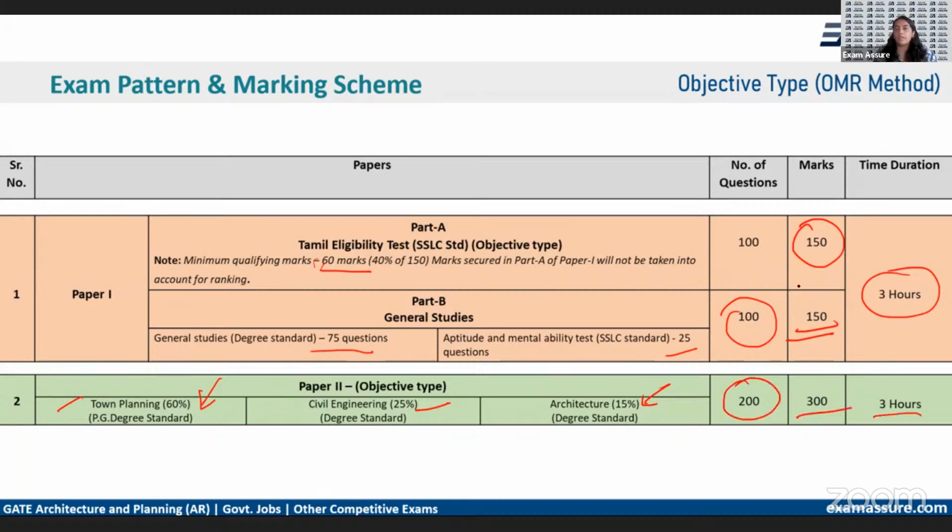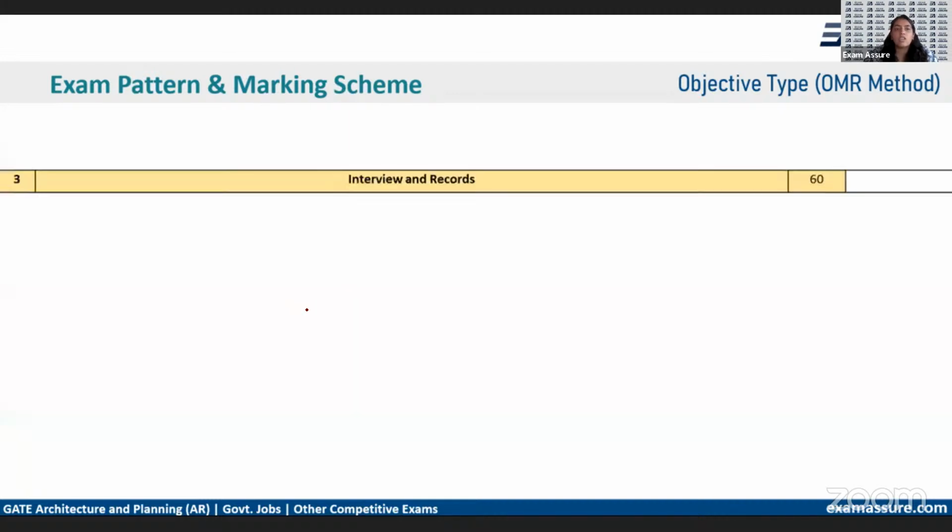When your final marking is going to be done, this part B marks will be counted, entire paper 2 marks will be counted, and your interview marks, that is 60 marks for interviews and record checking. All these 3 will be added up.